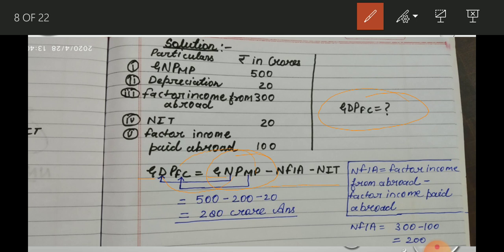In the question the value of NFIA is not given, so we have to find the value of NFIA using this equation: NFIA equals factor income from abroad minus factor income paid abroad. Factor income from abroad is given as 300 and factor income paid abroad is 100. When we subtract 100 from 300, we get 200, and we put this value here. In this way we are able to get the answer. So GDP FC is equal to 280 crore.